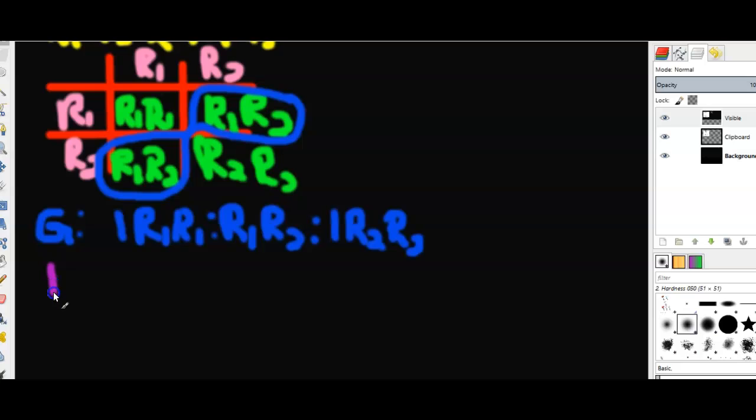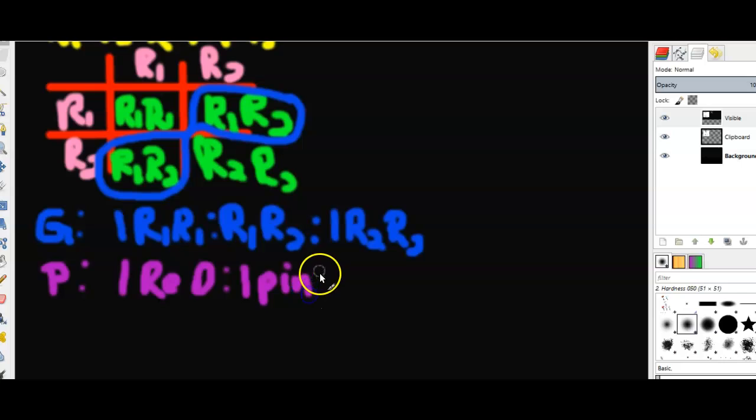Now let's look at the phenotypic ratios. Phenotypic ratios, we have 1 red, 1 pink, and 1 white.